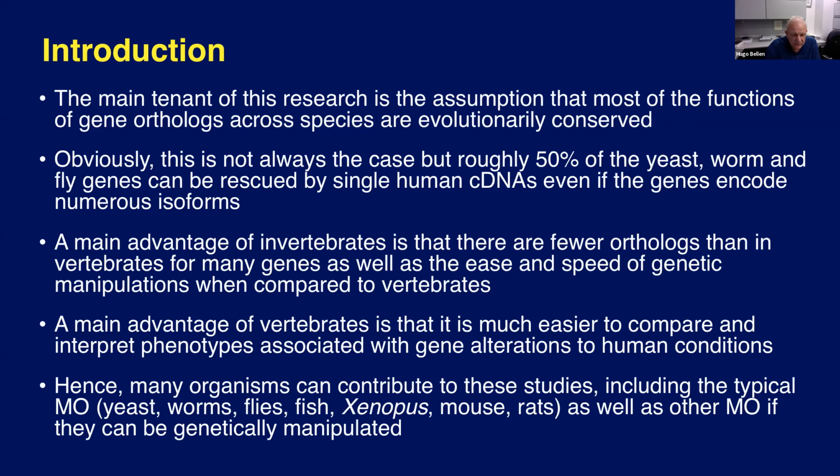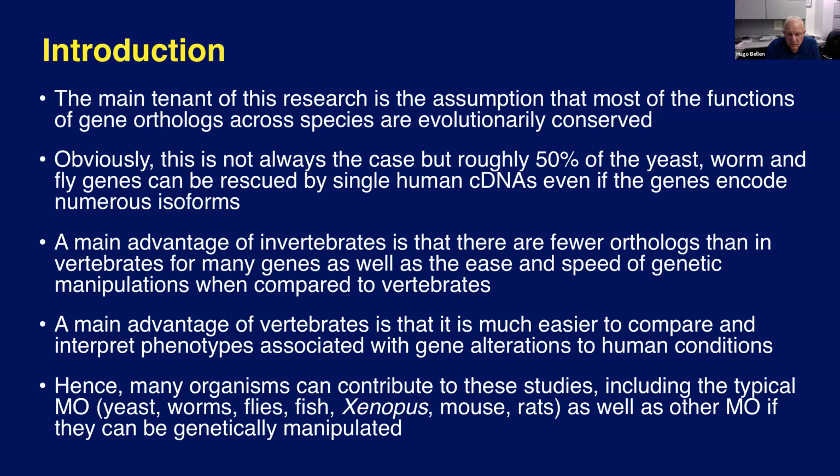Obviously, a main advantage of invertebrates is that there are fewer homologs than in the vertebrates. And for many genes, there is also a real ease and speed of genetic manipulations when compared to vertebrates. That is really important because it makes it faster, cheaper, and easier to manipulate the organism. A main advantage of vertebrates is that it's much easier to compare and interpret phenotypes associated with genes in human conditions.